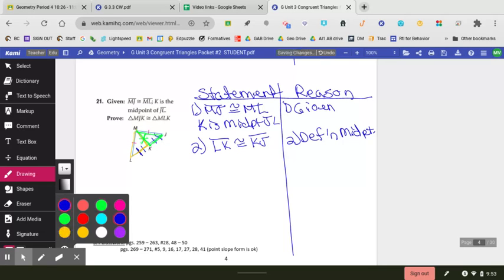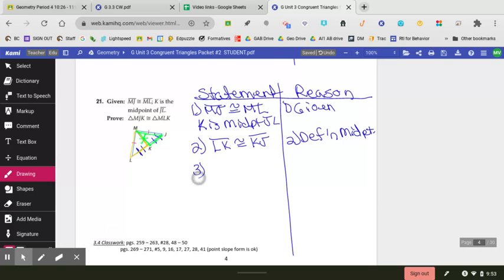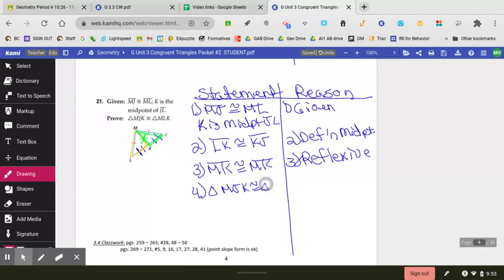So that means I want to use my reflexive property. So I'm going to say MK is congruent to MK. And that's reflexive. And then I know my triangle MJK is congruent to triangle MLK by side, side, side.